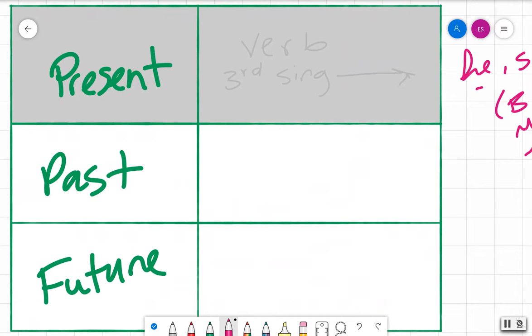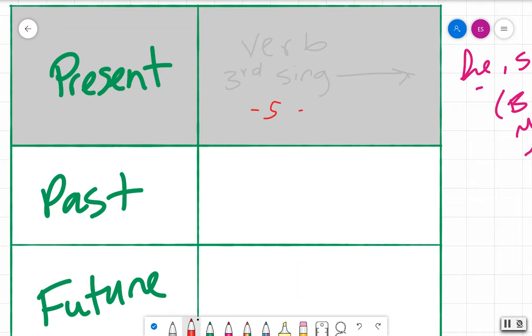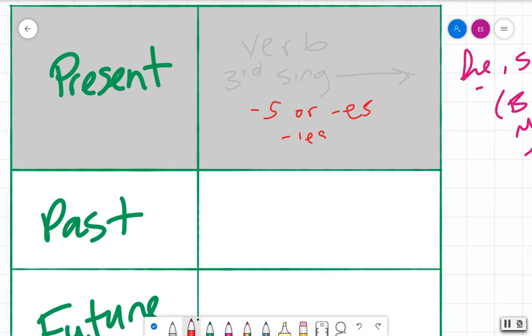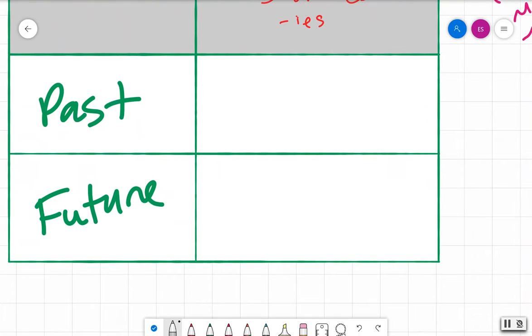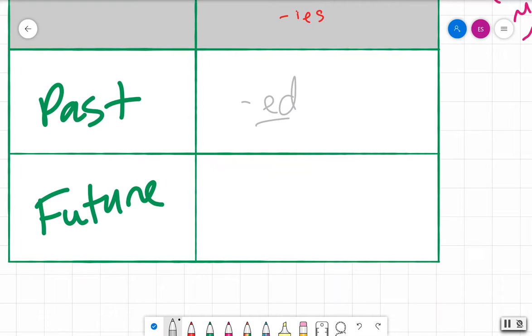And when that is the case, in the present tense, you add an S or an ES, and we've talked about some specific exceptions where you might add IES, or there might be an irregular verb. In the past, generally, you're just adding an ED in all forms of it with all subjects.